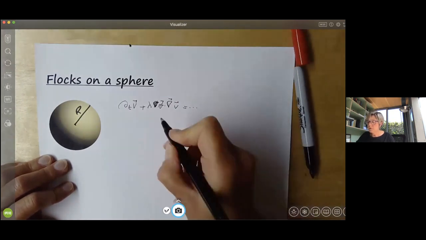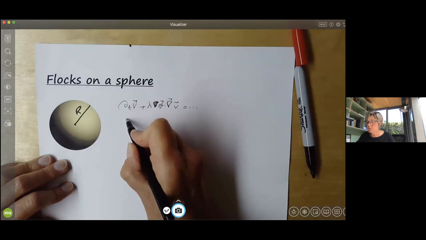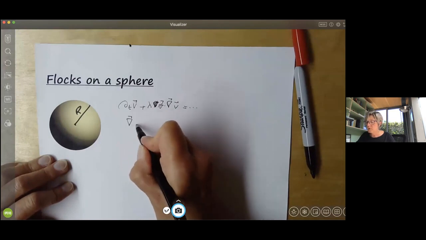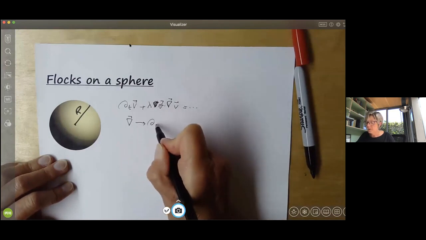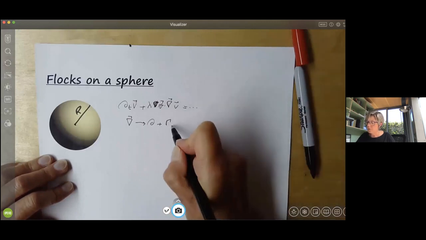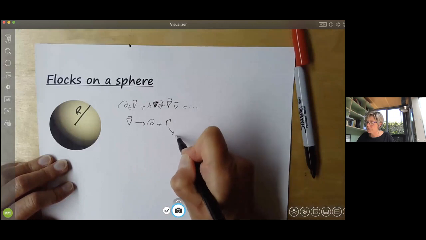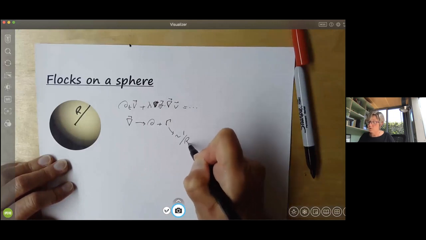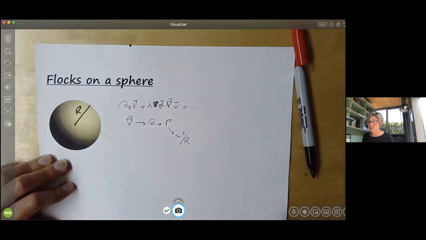On the surface of a sphere, the first thing that you have to do is replace these gradients with covariant derivatives that acquire a Christoffel symbol gamma, where gamma is, in this case, related to the curvature, related to 1 over the radius of the sphere.